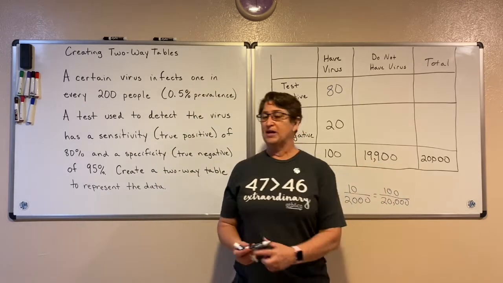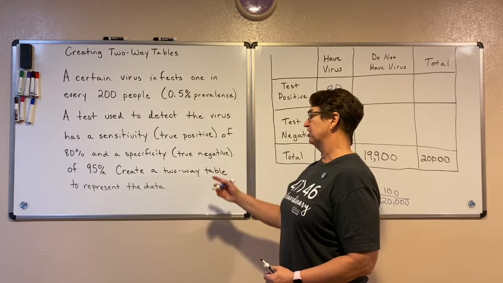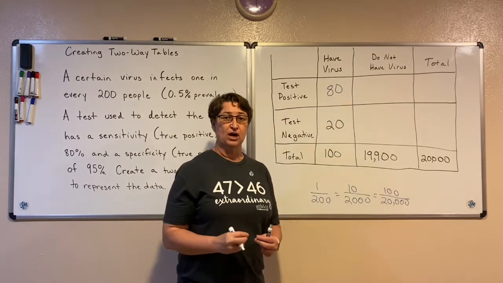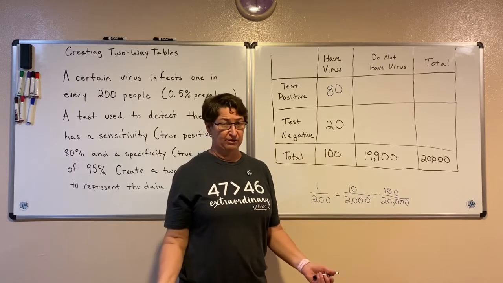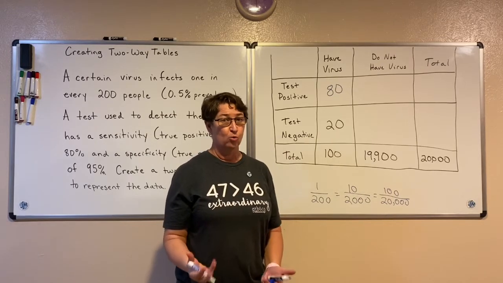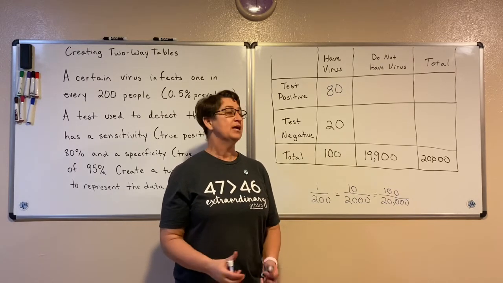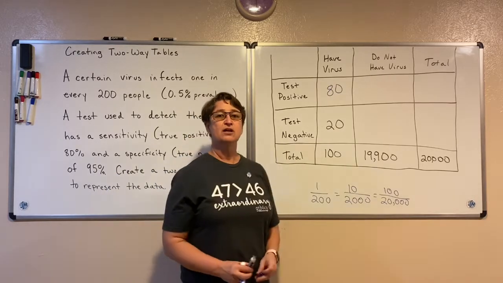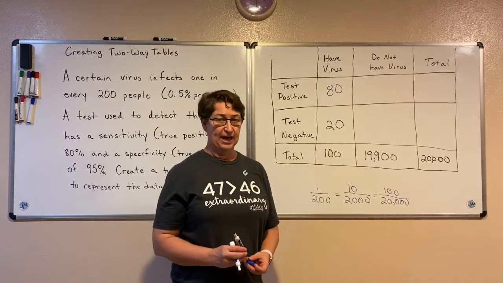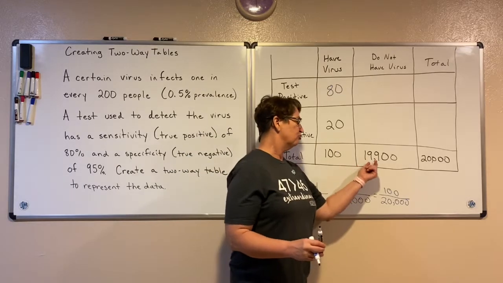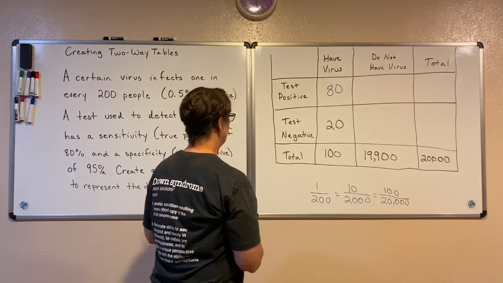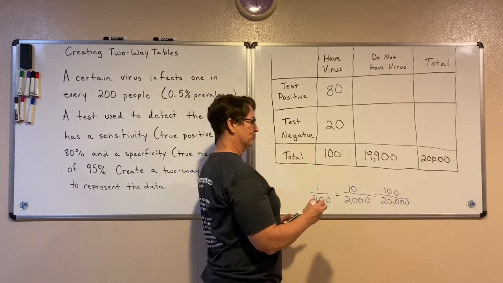Then we look at the specificity, and the specificity is the true negative. So the people who walk into the office without the disease, they're tested, they should walk away with a negative test. And 95% of the time in this particular test, they do walk away with a negative test. So of those 19,900 people, we can find 95% of that.